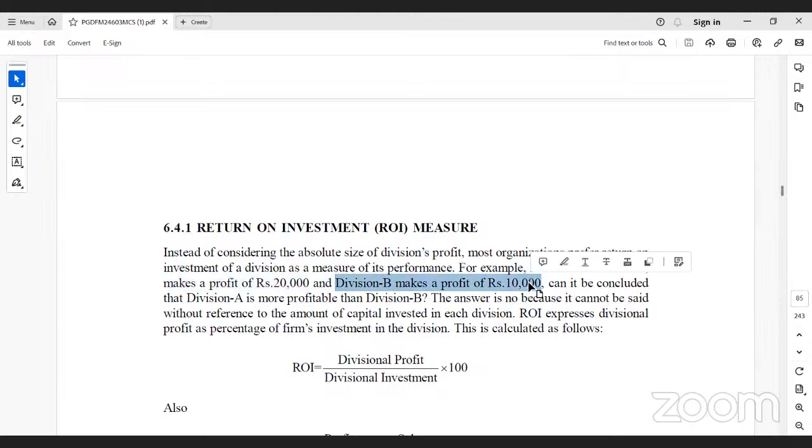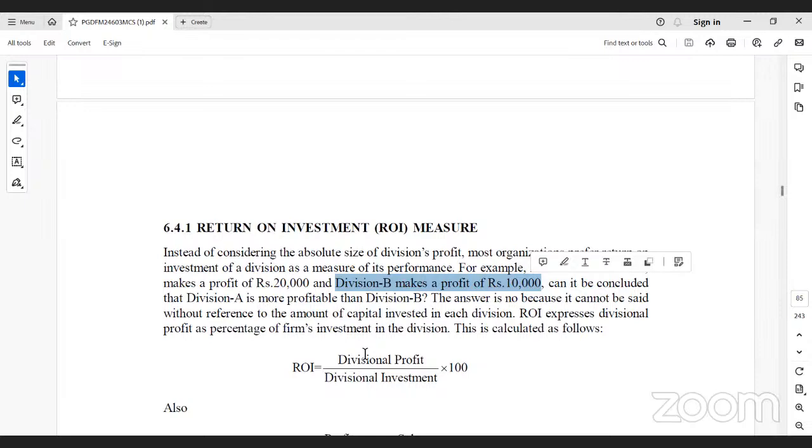Naturally, if we compare only profit, we conclude that division A performed better than division B. But if we compare with capital, we know which division is giving better profits, which division is performing well. So we want to compare with return on investment.